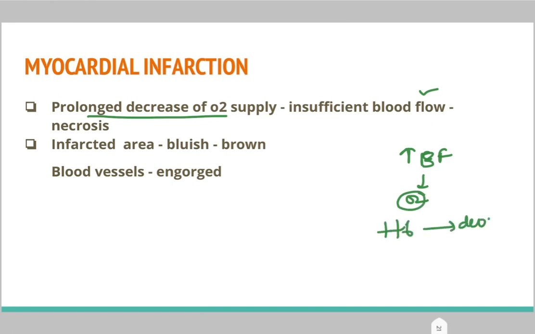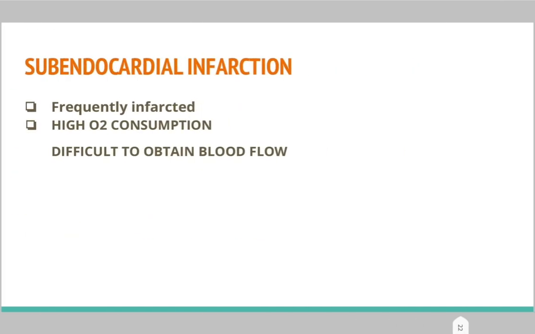So it will utilize the oxygen, making the hemoglobin to deoxyhemoglobin. Because of this more amount of deoxyhemoglobin, the area will appear as a bluish brown color and the blood vessels will appear in a more engorged form.